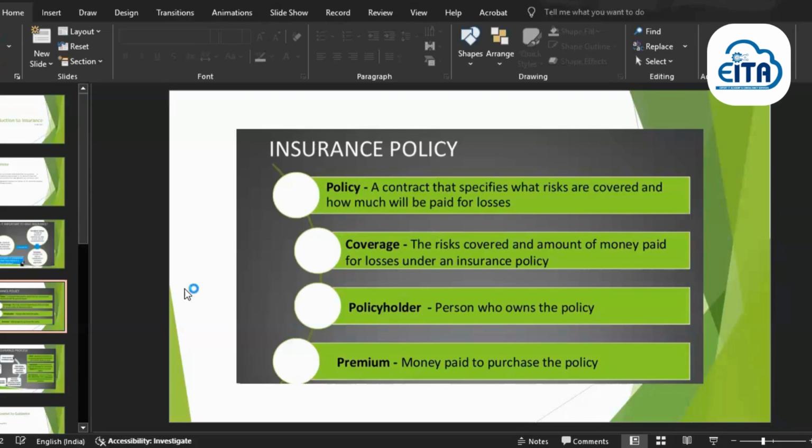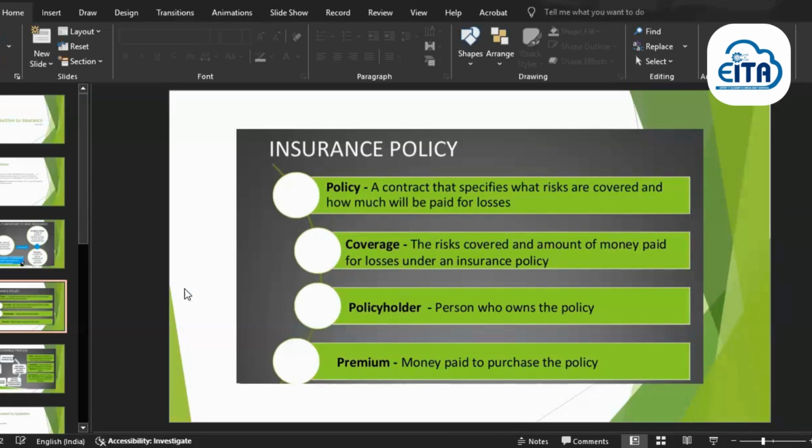So policy contains insured name, address, the date of the policy, the expiration date of the policy, everything will be there in the policy. What are all the coverages we will be going to cover in the policy, everything will be there.